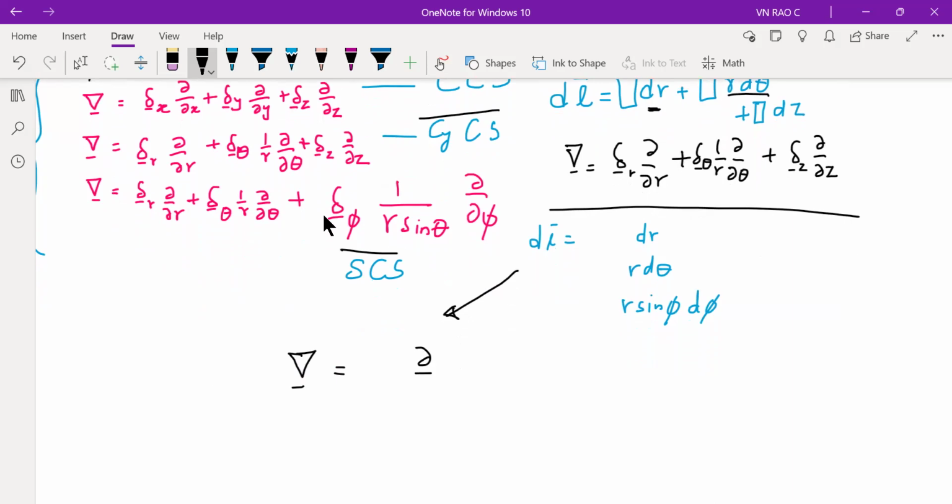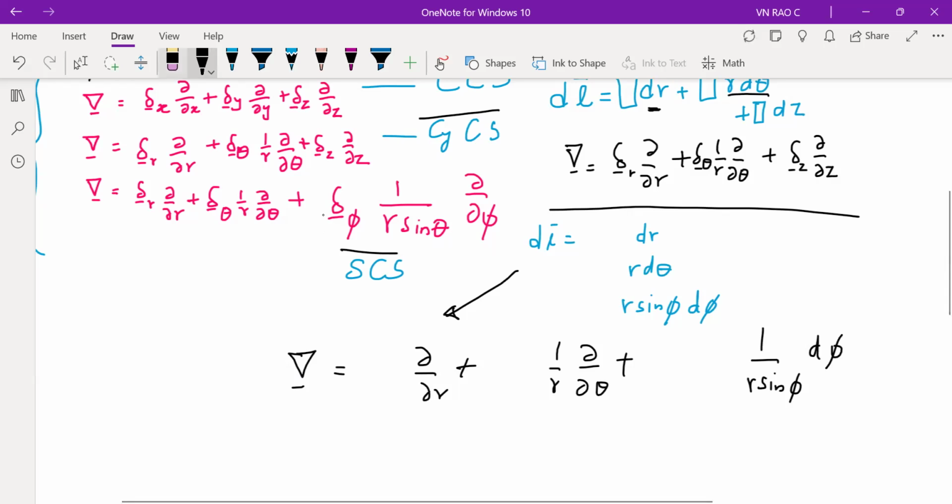Very simple. First you have dr, so I write dou by dou r, plus you have r d theta, so 1 by r dou by dou theta, plus you have 1 by r sin phi dou by dou phi.